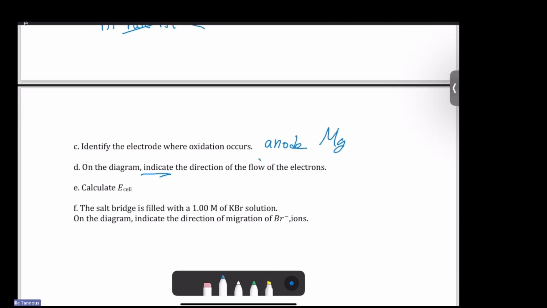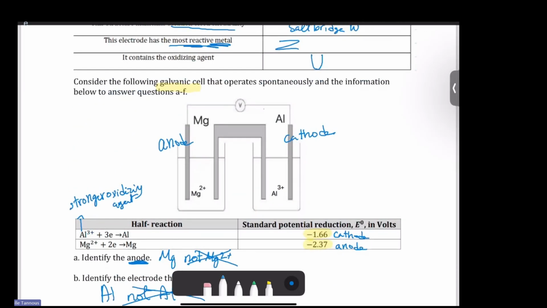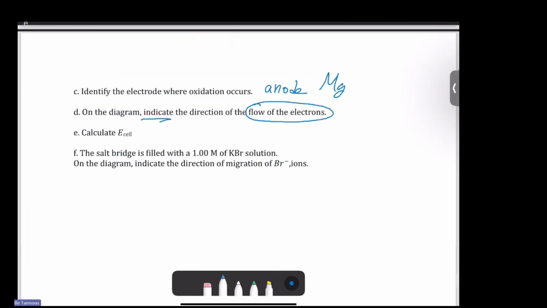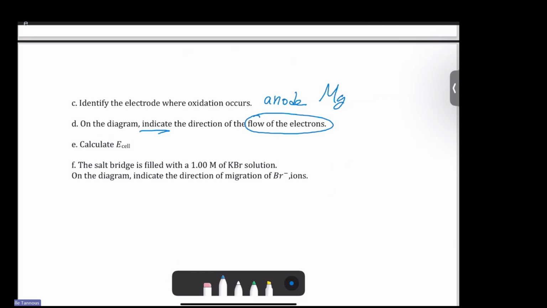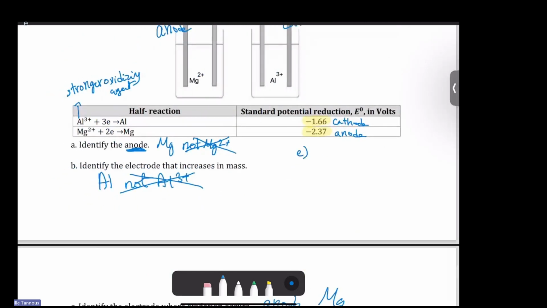Indicate the direction of electron flow. Electrons go from anode to cathode. So that's the electron flow. And calculate the E cell. It's E anode minus E cathode. I'm going to do it here, part E. E cell.